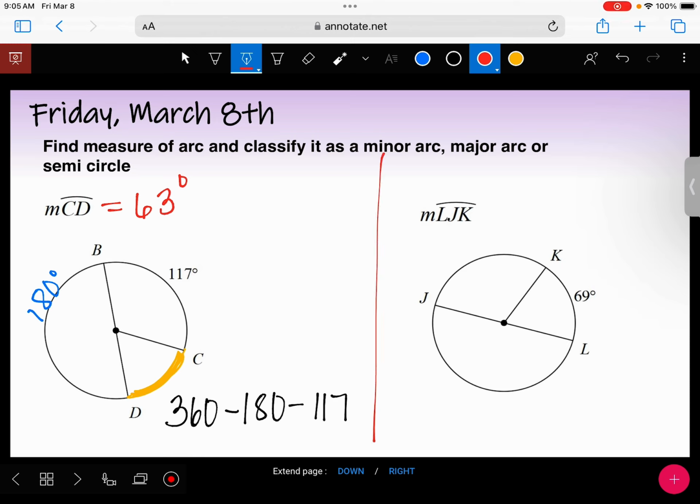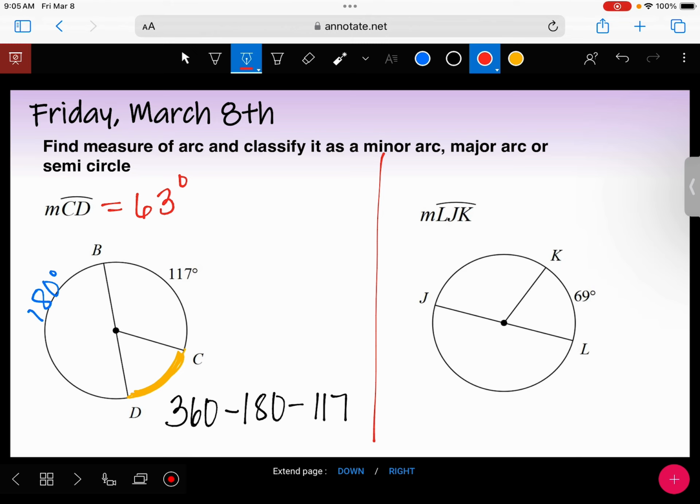All right, try to do this next one by yourself. Again, there's a diameter. So whenever you see a diameter, we know that that's 180. And actually, we don't even have to do that because it's asking us for the measurement of arc LJK.